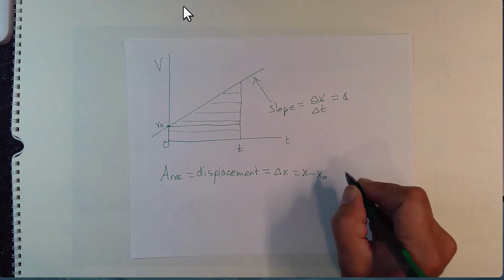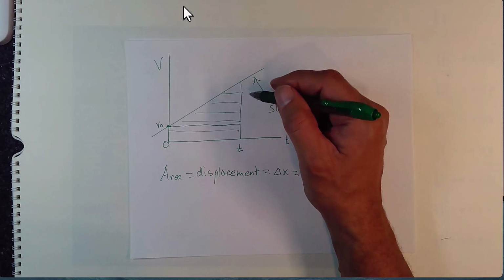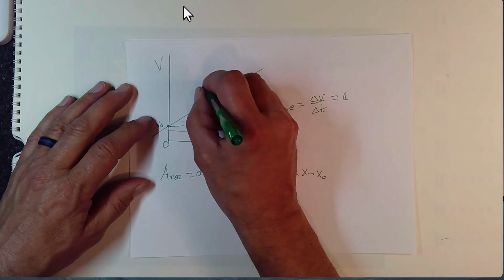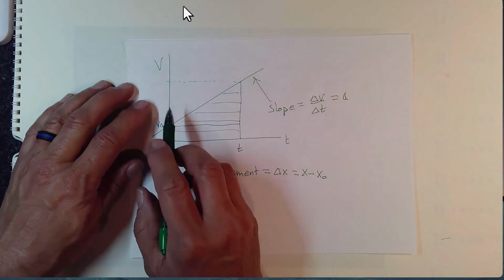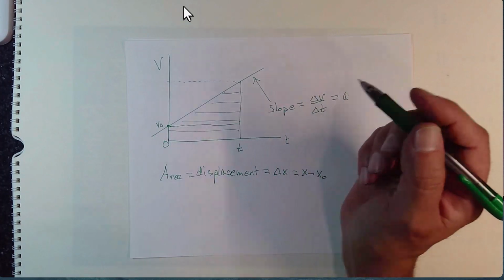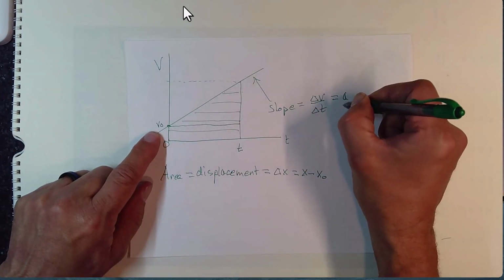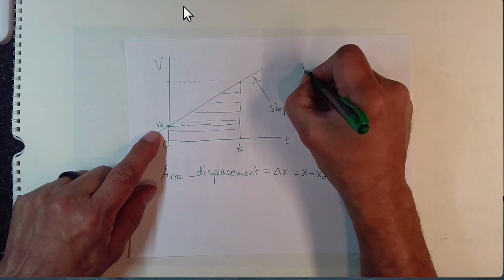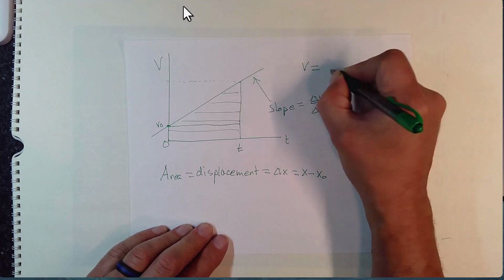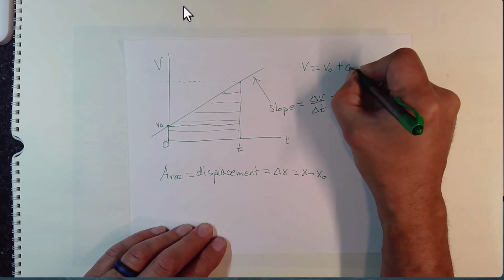Okay. Well, what have we got there? We've got a trapezoid. Now, if we're going to find the area of that, we have to know the height that we've got up here. Well, turns out if we've got a constant acceleration, the equation of this line is actually going to be v0 plus at.